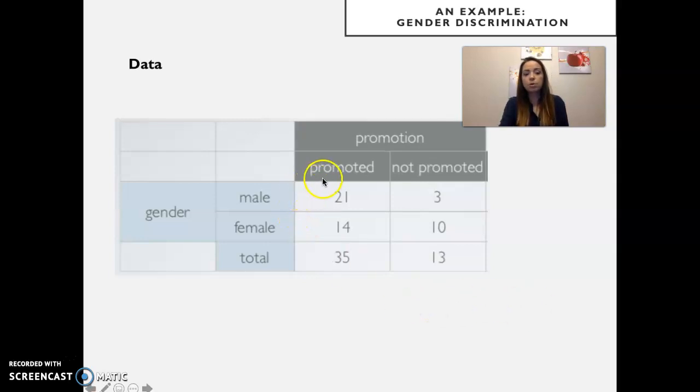Here are the number of managers that received the file marked as male who decided for promotion, 21. And this is the number of managers who decided for, let's not promote this person yet. And those are the numbers for the female. And remember, we had the same number of managers receiving a file marked as male as the number of managers receiving a file marked as female.